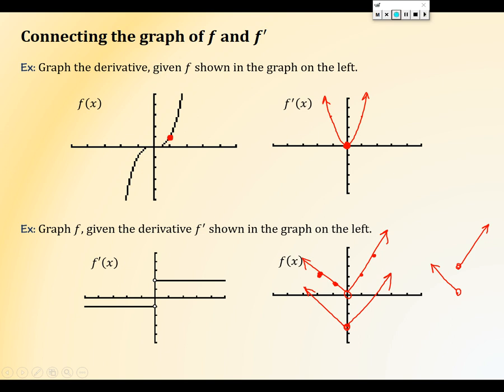What's the slope at every point? As you pick an x value, the question is the slope at that point.